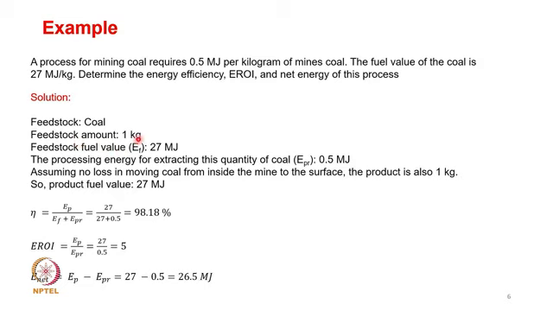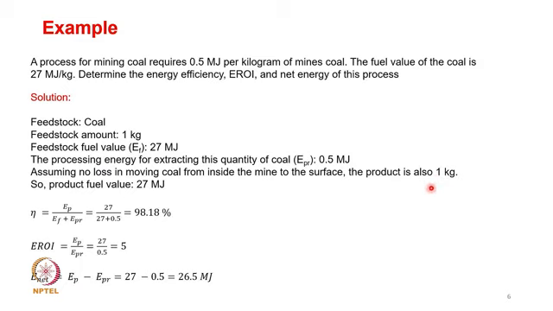The feedstock amount is 1 kilogram, and the feedstock fuel value is given as 27 MJ per kg. It is also given that the process consumes processing energy of 0.5 MJ per kilogram. You have to start with a basis, so let's assume 1 kilogram as the basis. The processing energy in this context is 0.5 MJ.